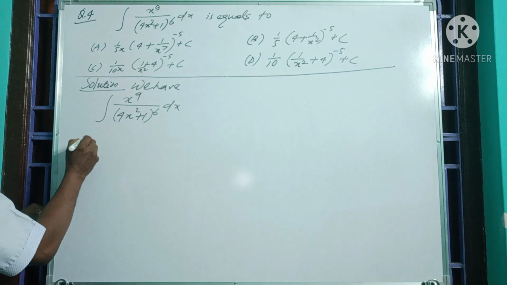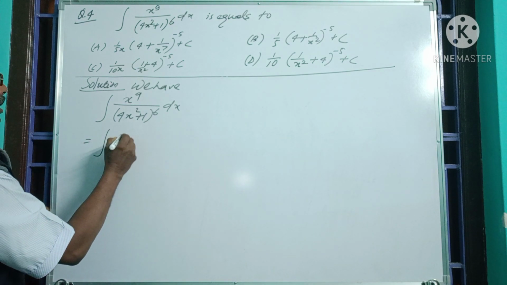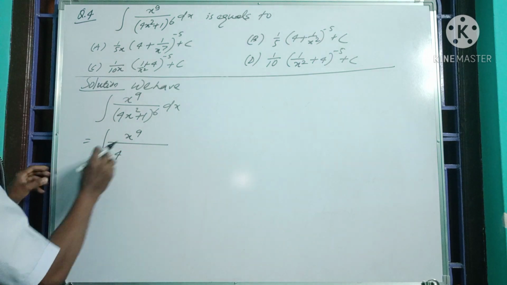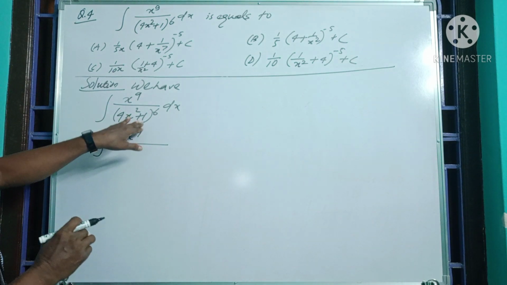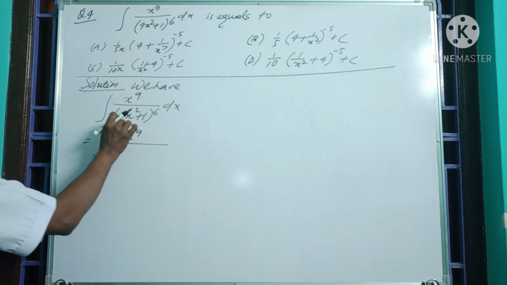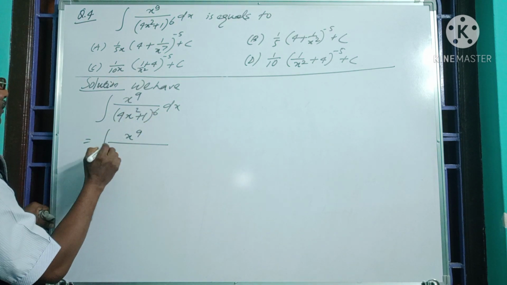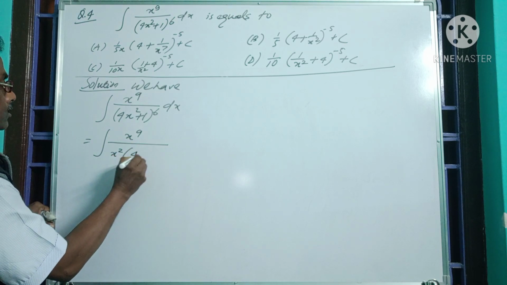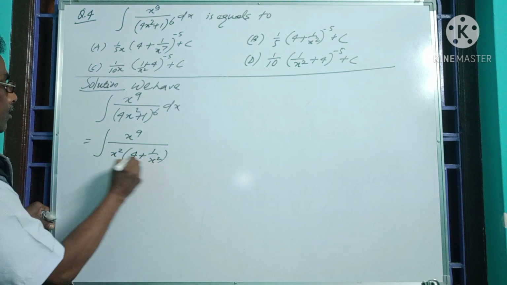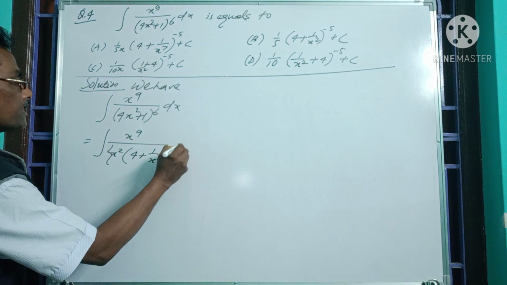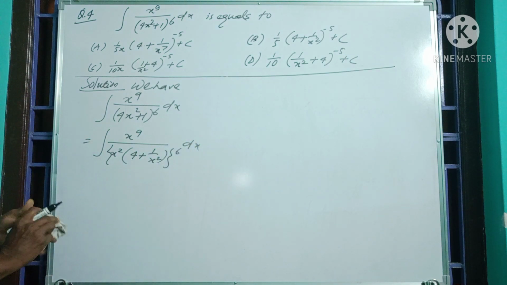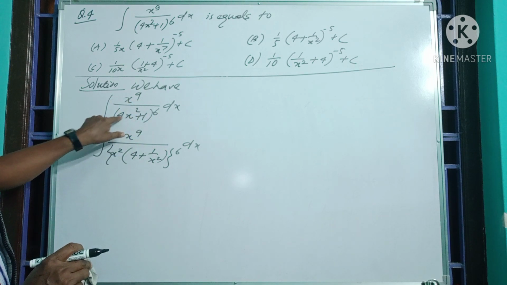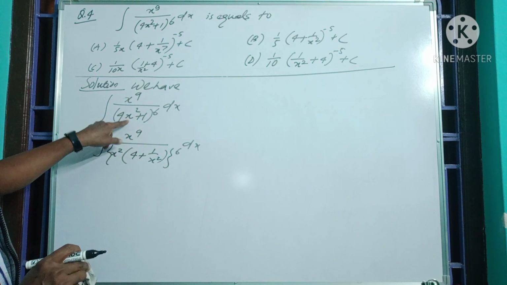That is, we have integration of x to the power 9 by (4x square plus 1) whole to the power 6. Now taking the factor x square common out of the factor, we have x square into (4 plus 1 by x square) whole to the power 6, integration with respect to x. Now we have the factor 4x square plus 1 whole to the power 6. So out of the two factors we have taken common the factor x square.